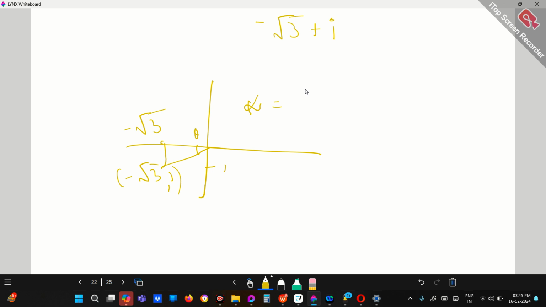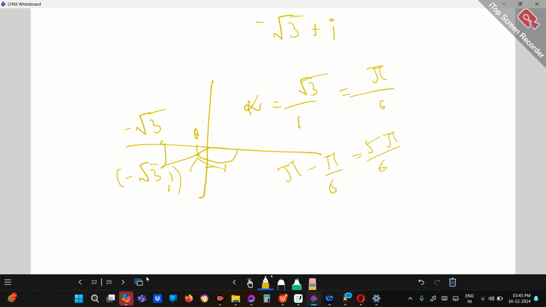The alpha is equal to root 3 by 1, which is 60, pi by 3. Pi by 6, 30 degrees, pi by 6. But what is the angle it is making? Pi minus pi by 6 is equal to pi by 6, right?